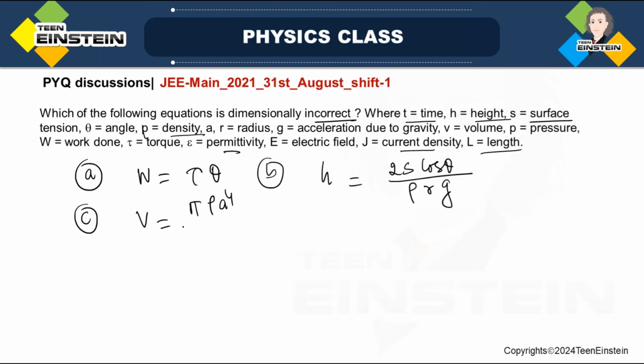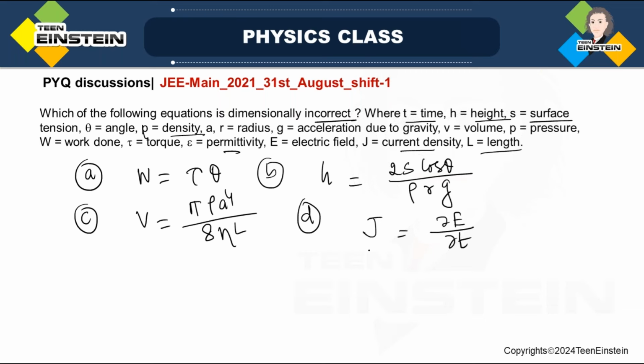Rho r to the power 4 divided by 8 eta L. And option D is J is equal to del E by del T.